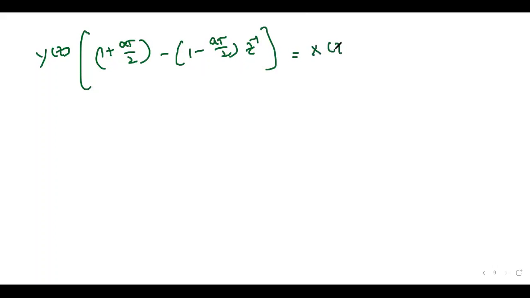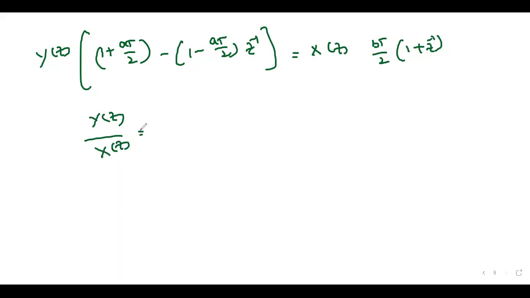If we take X of z common, we have bT by 2 into 1 plus z inverse. Correct. Now what I want is Y of z by X of z. This is the H of z.